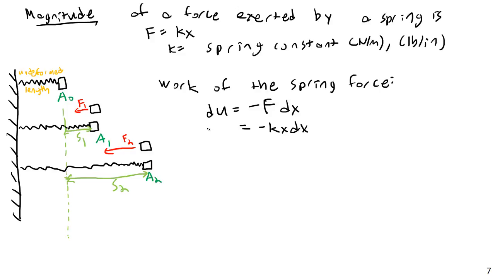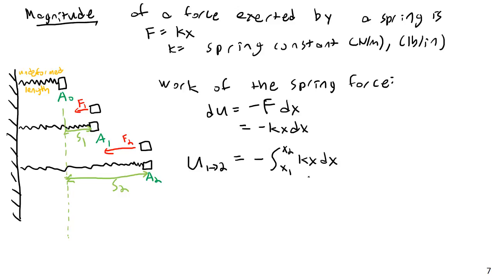Then if I integrate both sides, I would get that U, the work from 1 to 2, is equal to the negative integral from x1 to x2 of kx dx.